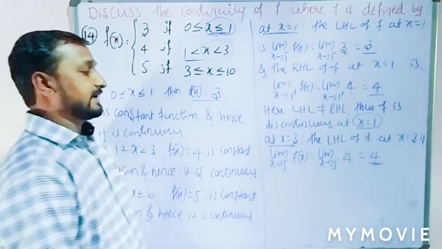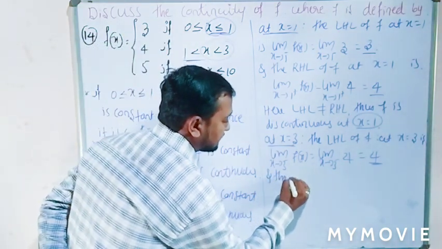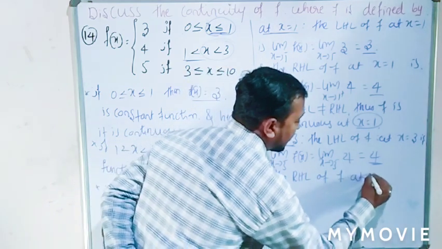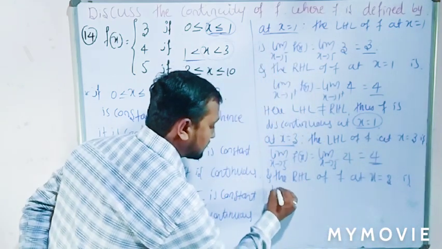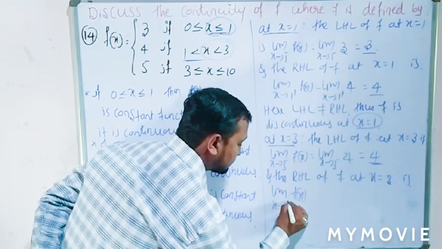The LHL at x equal to 3 should be 4, and the RHL of f at x equal to 3 is the limit of f of x as x tends to 3 plus.